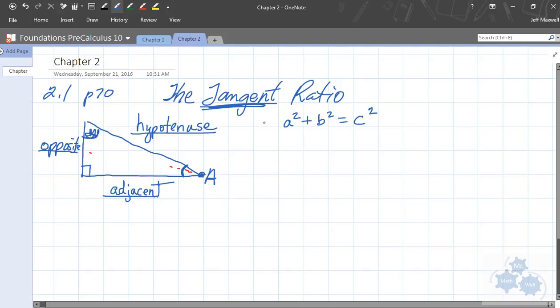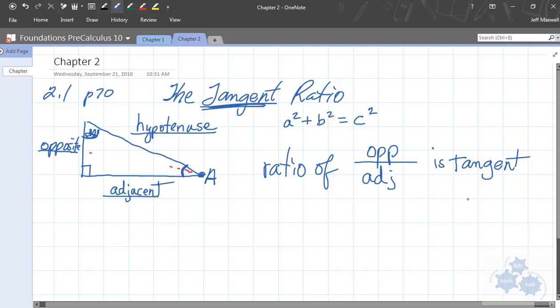So, for example, the ratio of the opposite side to the adjacent side is the tangent ratio.